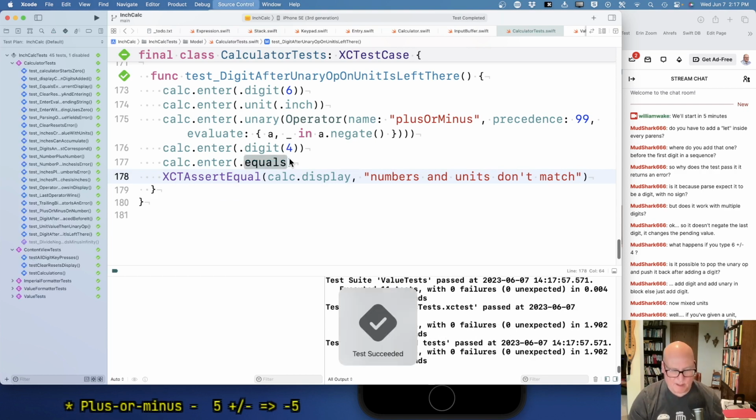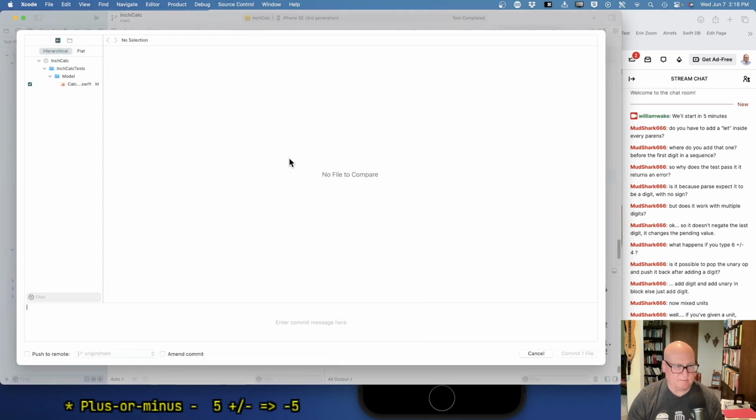Okay, well, I'm happy it's robust then. Unary after a unit value. Reports error if followed by a number. Okay.